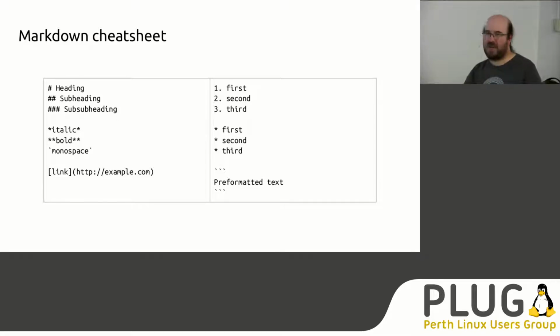Then the text there will just be passed through straight like a pre-element in HTML. You can go italic, bold, and monospace text as well, just within your paragraphs, and you can specify links. This is one form of a link. There's other ways that you can do it in Markdown, but this is generally enough to get started.